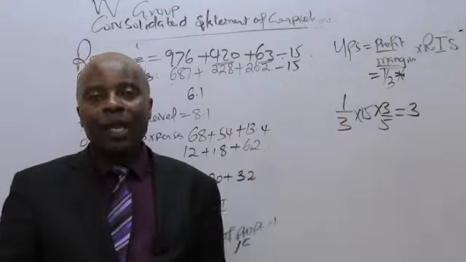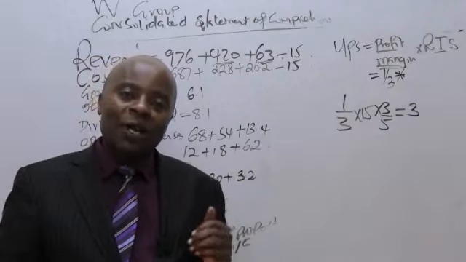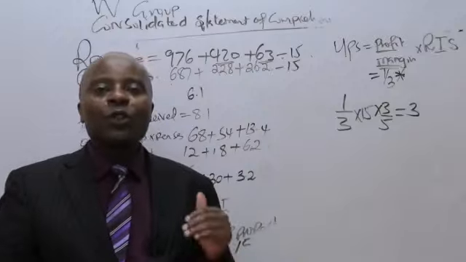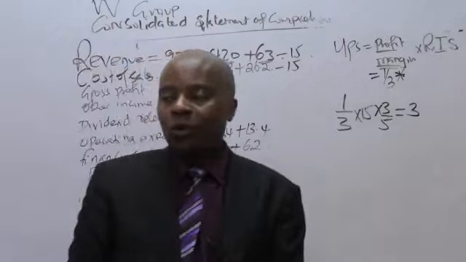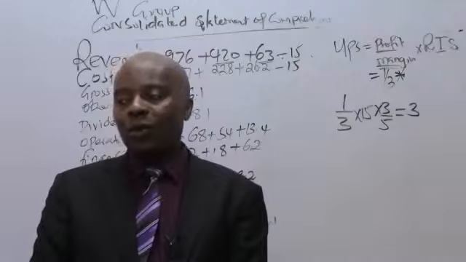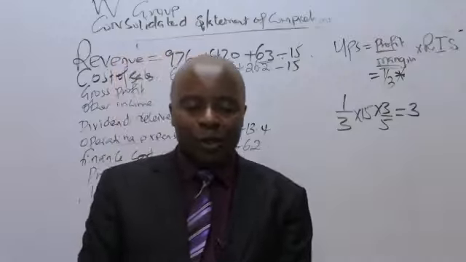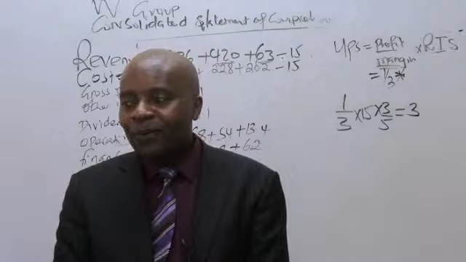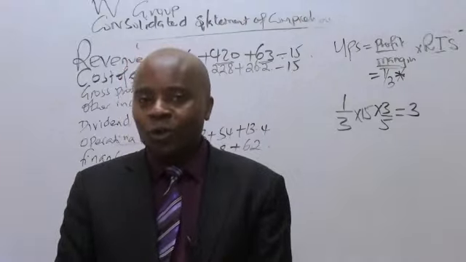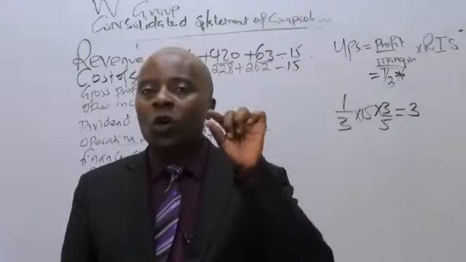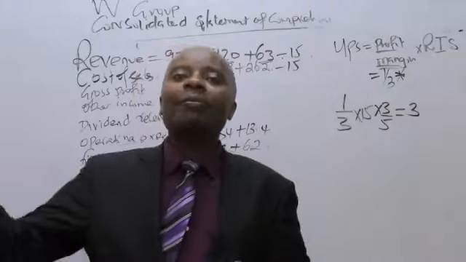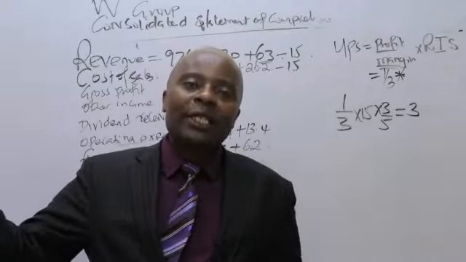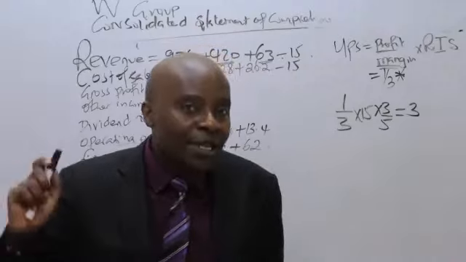And remember, when you have UPS, what do we normally do with UPS? You add to the cost of sales, and in the statement of financial position, you subtract it from inventory.